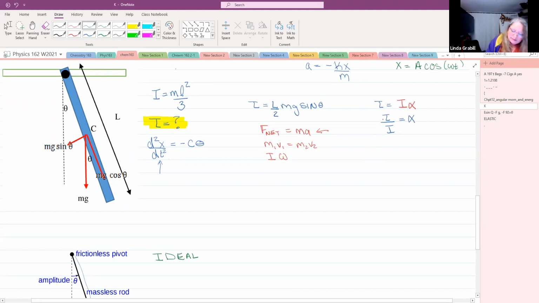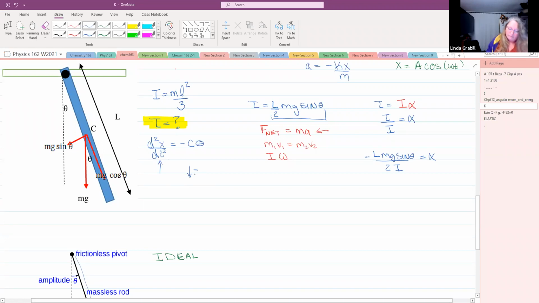So I can rewrite this then, inserting our definition of torque as being L over 2. So L mg sine theta divided by 2 times the inertia equals alpha. And now the only thing I haven't done here is I left off a little negative sign for saying that down is negative. So that's the only thing I'm missing there.